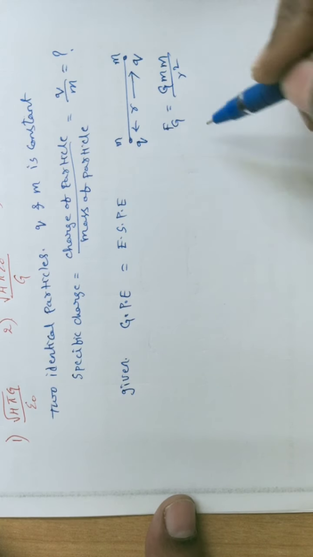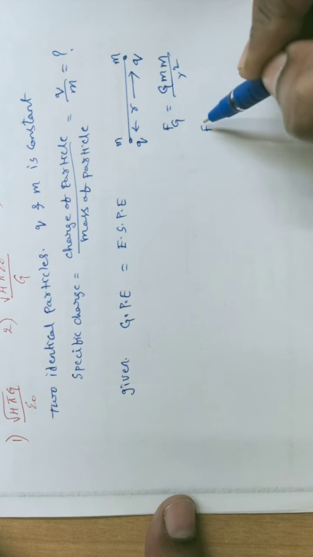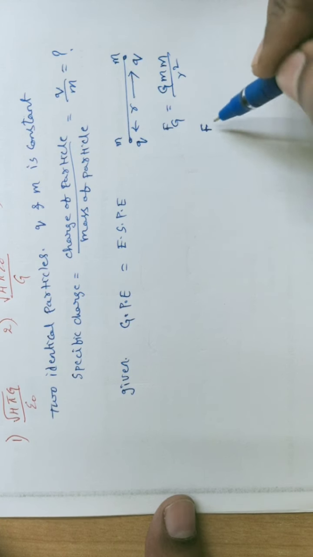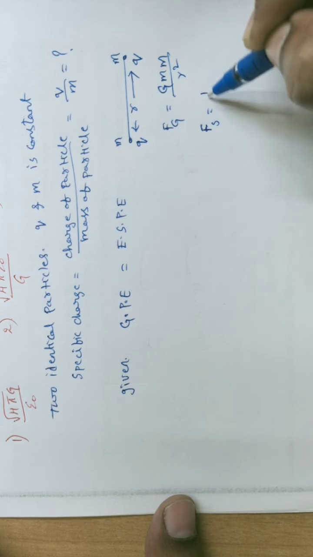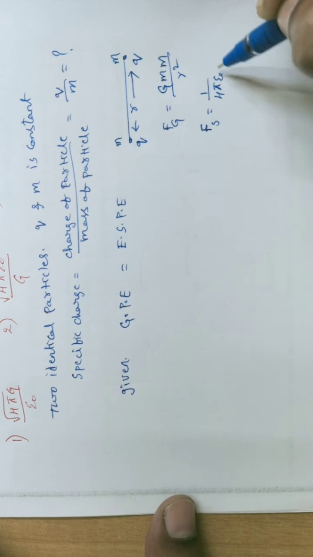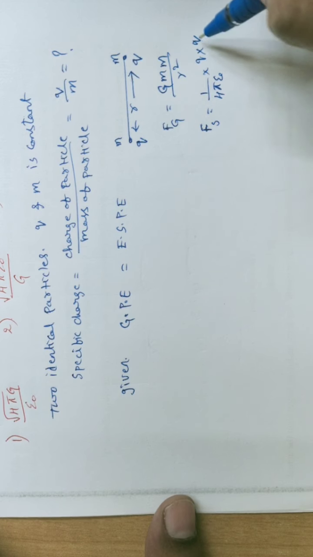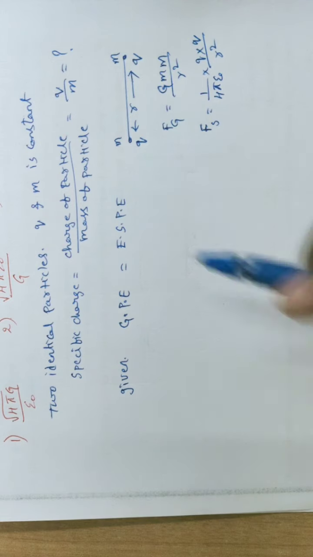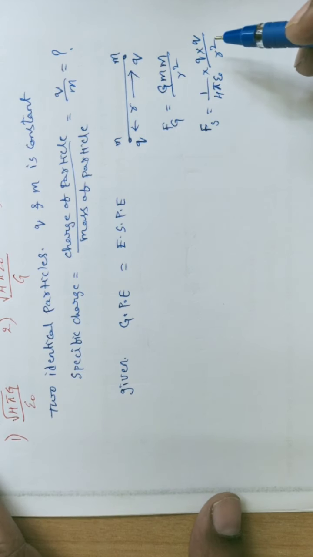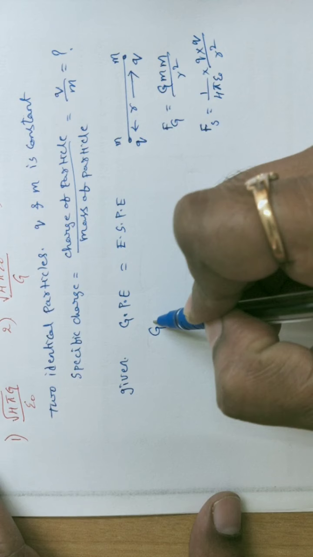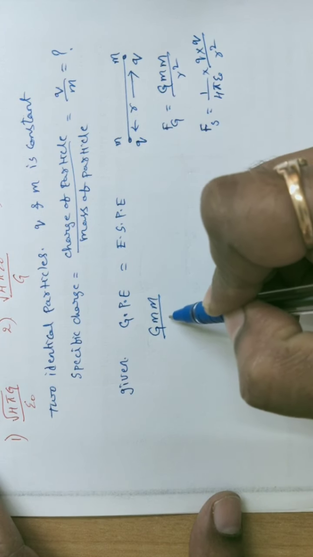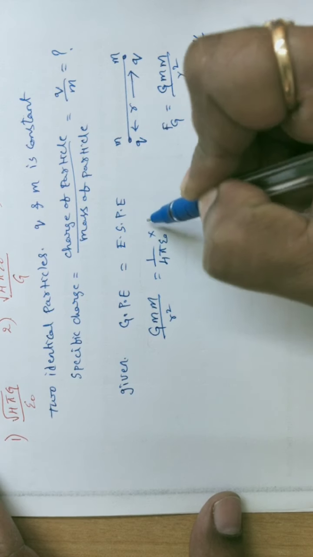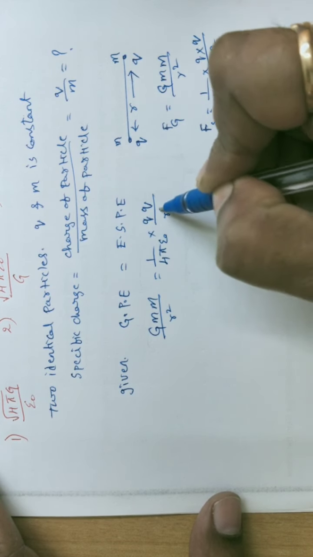For electrostatic charges at rest, we have 1 by 4 pi epsilon naught q1 q2 divided by r square. Here the q1 q2 values remain the same. Since the two are equal, I am writing G m square divided by r square equal to 1 by 4 pi epsilon naught into q square divided by r square.